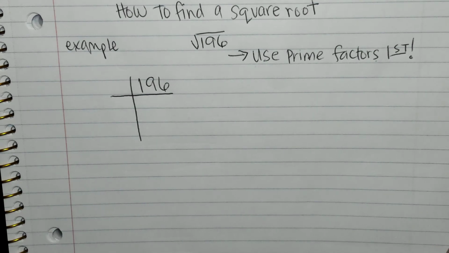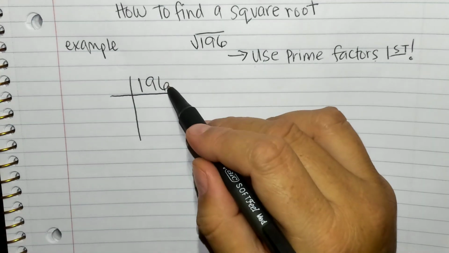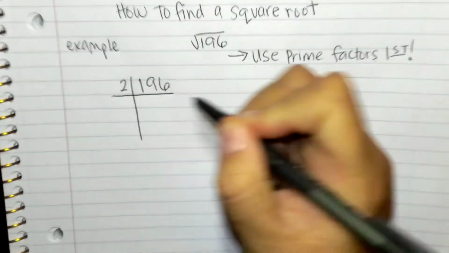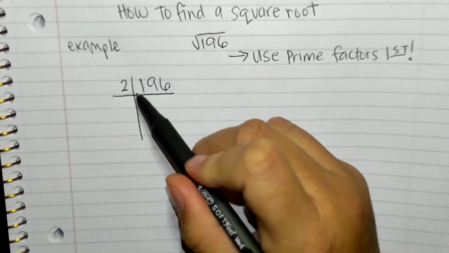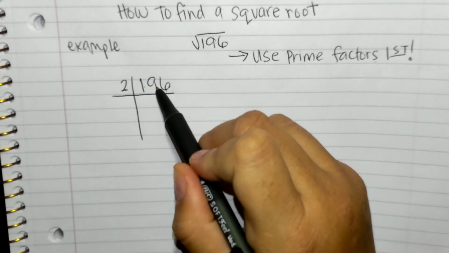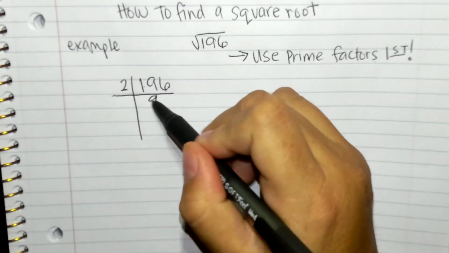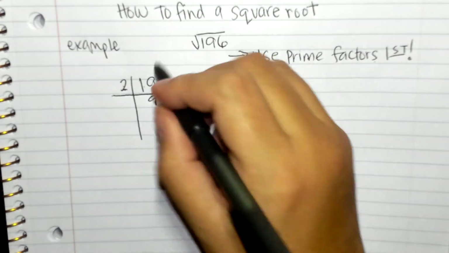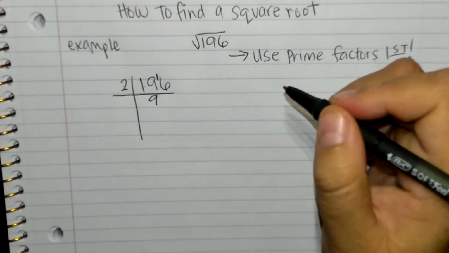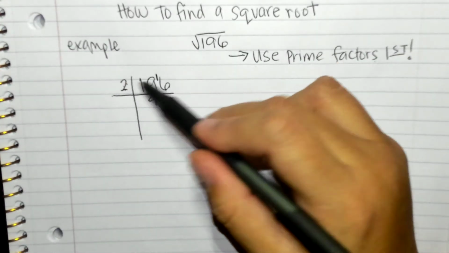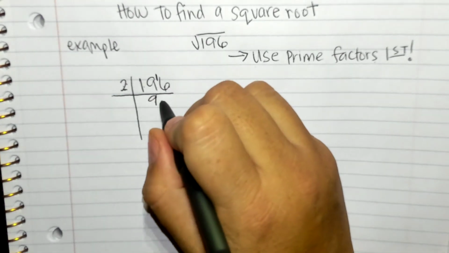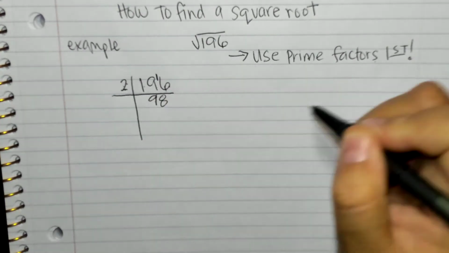196 is divisible by 2, and I know that because it ends in 6. So 2 does not go into 1. 2 goes into 19, 9 times, which gives me 18. 9 times 2 is 18, which means I have 1 left over. 2 goes into 16, 8 times. Nothing left over.